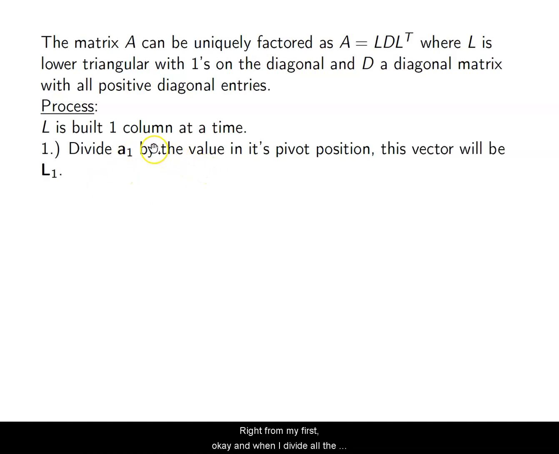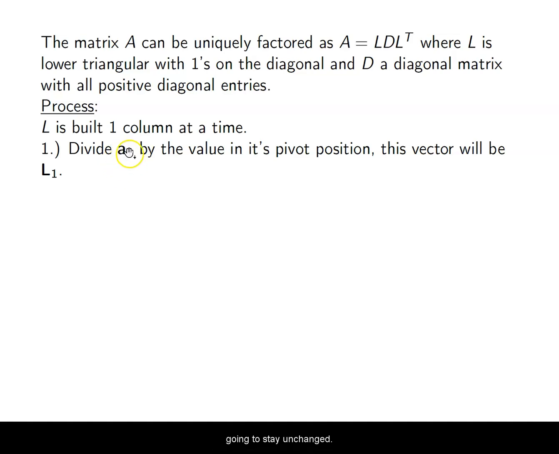Okay, and when I divide all the entries, I'm not writing those values as I start to row echelon form A. What I'm going to do is those values that I get from dividing the first column of A by the first entry in A, that will be my L1 vector.